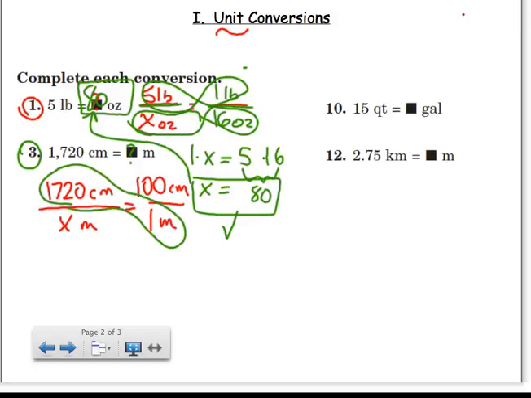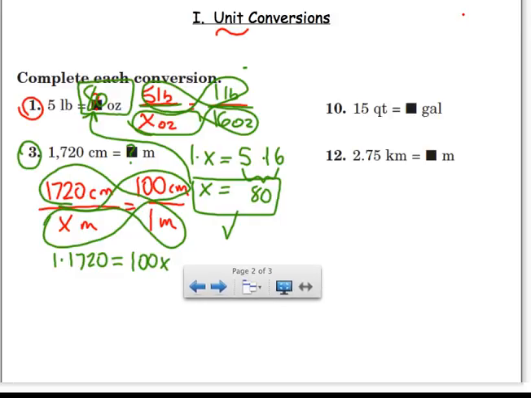So I'll cross multiply. 1 times 1,720 equals 100X. To solve, I know that this is really the same thing as 1,720 equals 100X, and I need to divide both sides by my coefficient of 100.